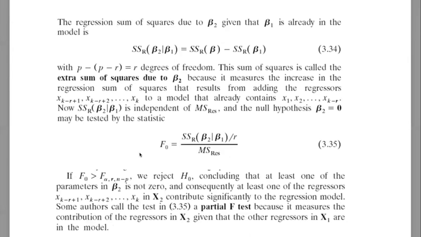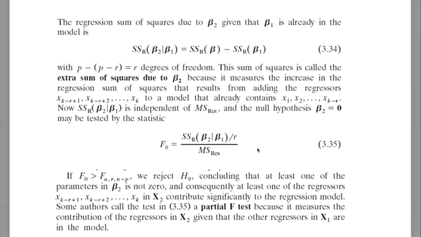This is how we form the test statistic. Again, we calculate that extra sum of squares due to beta 2, given that beta 1 is in the model. Once we have that, we divide it by its associated degrees of freedom, which is r. And again, what is r? It's the dimension, the number of rows in beta 2, but the other way to think about it is the number of slope coefficients that we're testing are all equal to 0.